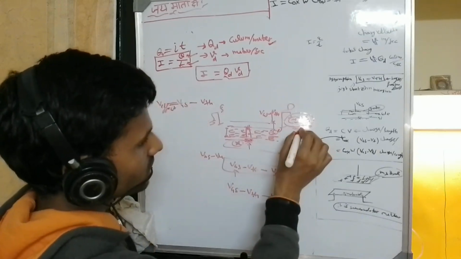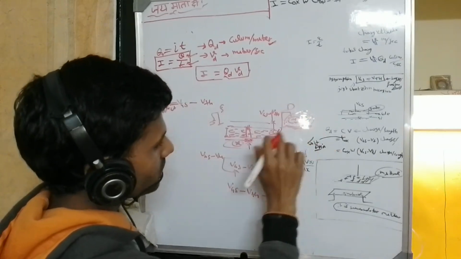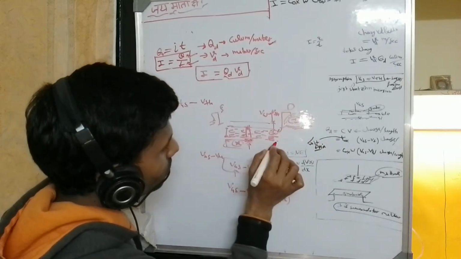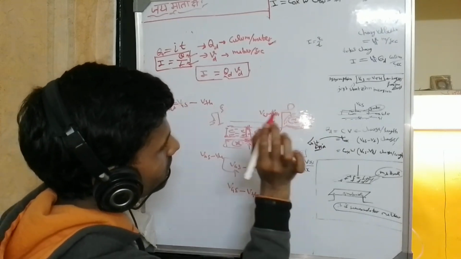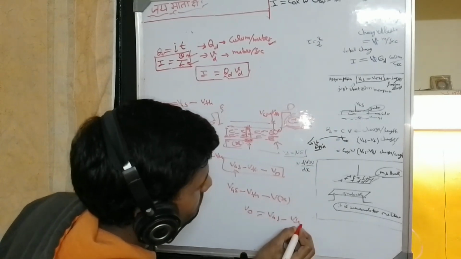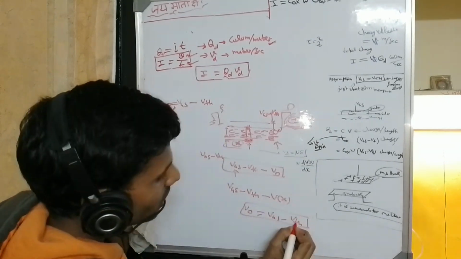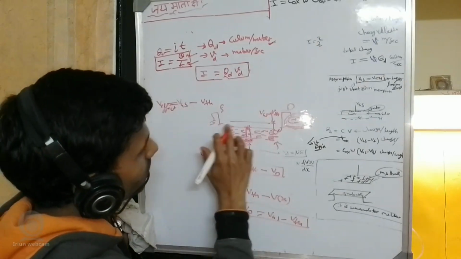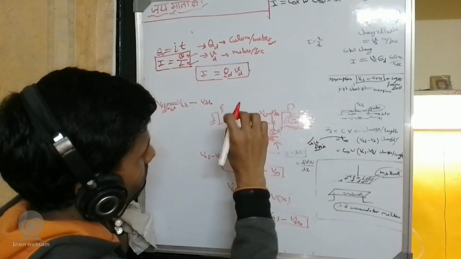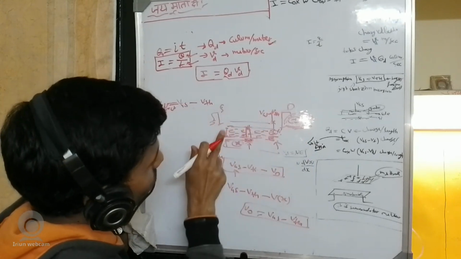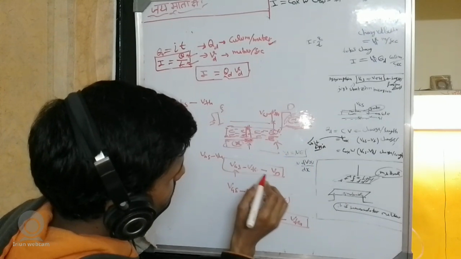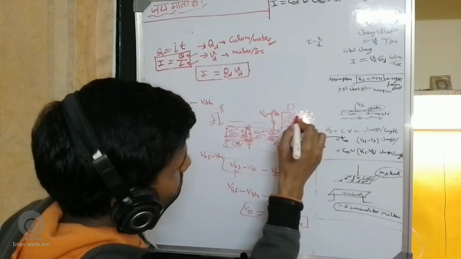Because of this, see, from 0 to VD if you go, and just suppose VD is equal to VGS minus VT, then from here to here this voltage difference goes to 0. Because here the voltage difference is VGS minus VT, and if you go from here to here it reduces because of this drain voltage.